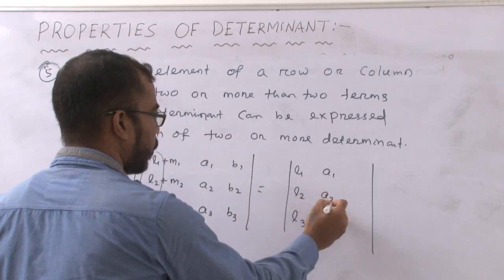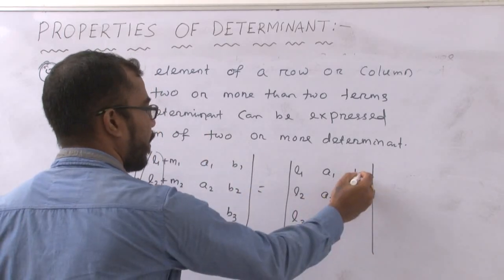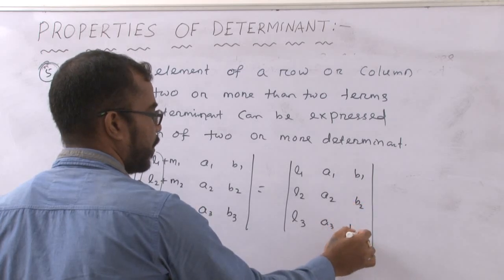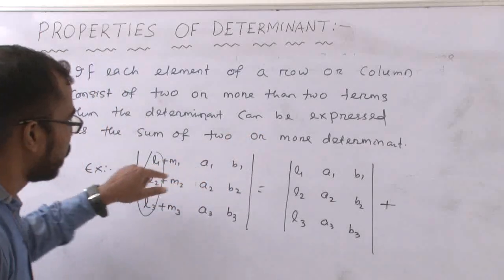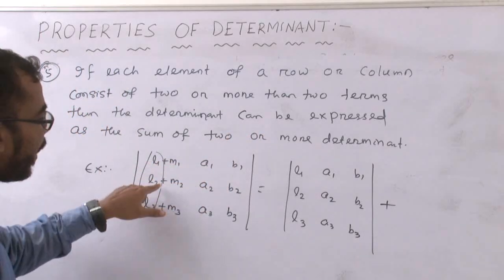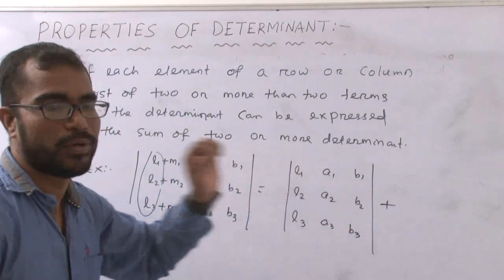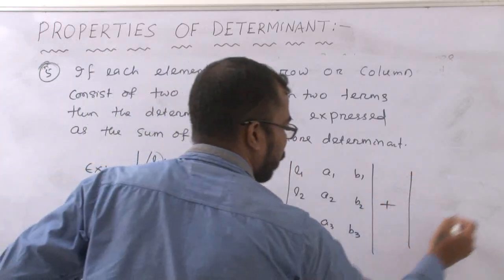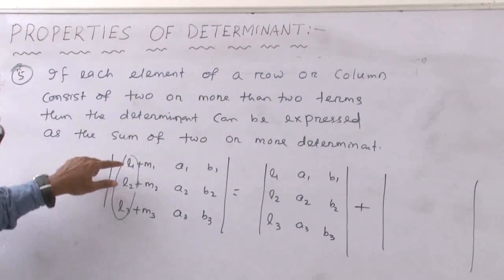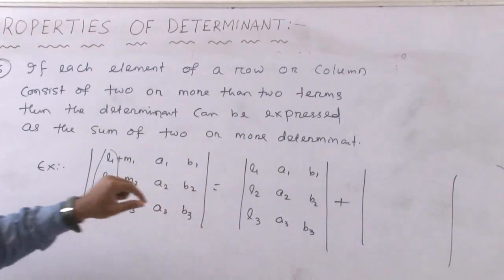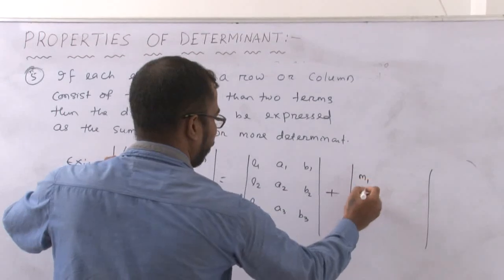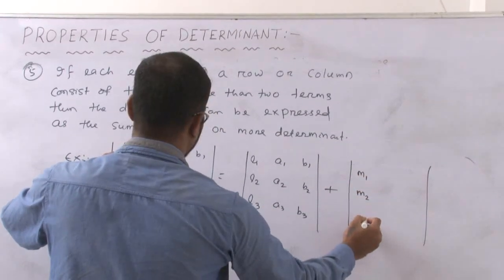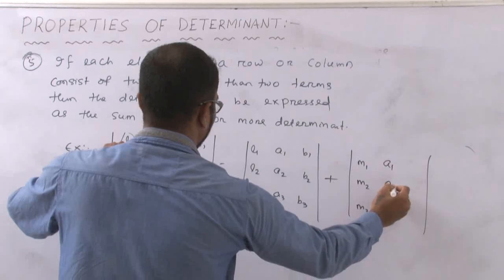So here A1, A2, A3, B1, B2, B3, plus. So why do we write plus? Because here the value is the addition of 2 elements. Now the other part is M1, M2, M3. So you can write in the first column M1, M2, M3, A1, A2, A3.